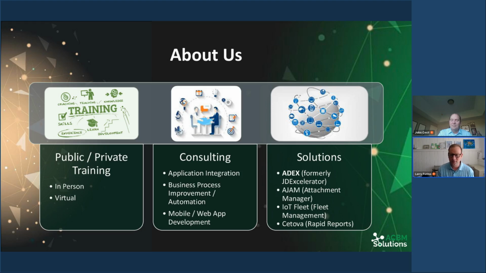We have AJAM, which is an enhancement to working with media objects in JD Edwards, and solves a lot of the problems and limitations of the existing attachment manager in JDE. We have IoT Fleet, which is a way of integrating vehicle and equipment data with JD Edwards and real-time data from the assets themselves. And then we also have Satova, which is a reporting tool for JD Edwards that we acquired a couple of years ago from our former company, GL Associates.